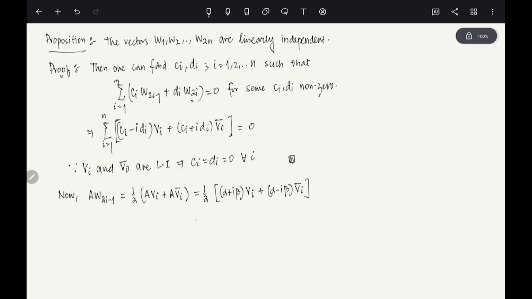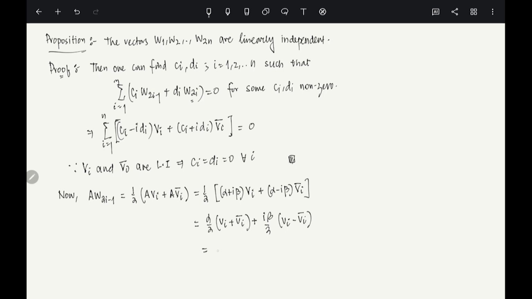Clear? So that is equal to alpha/2 (Vi plus Vi bar) plus i beta/2 (Vi minus Vi bar).